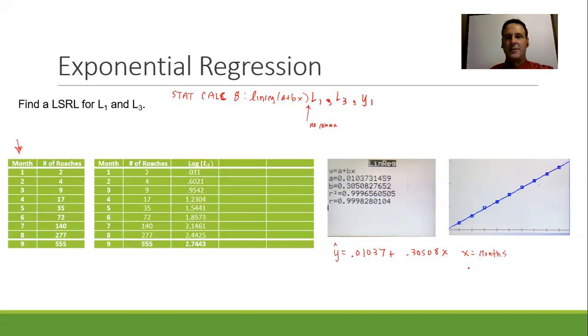And your Y hat is equal to, well, let's see, it's actually equal to the log of the roaches. Remember, your Y was not just a plain Y here. It wasn't the roaches. It was the log of the roaches. So that's what I'm going to say here: the log of the roaches.